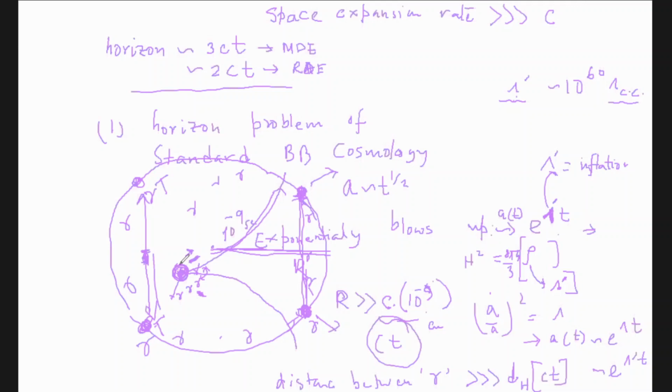Then only can you bring two particles much beyond their causal horizon, much beyond the CT distance. CT is basically a causal horizon, because that much distance light can communicate given the age of the universe.